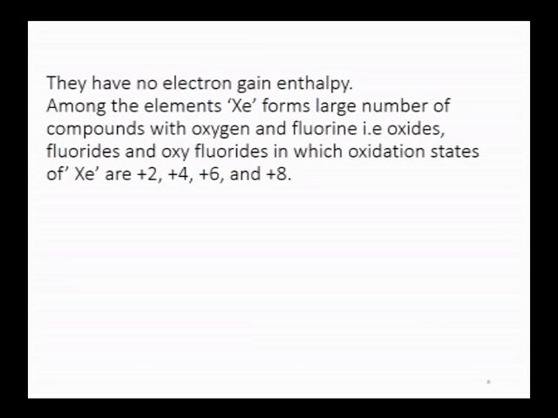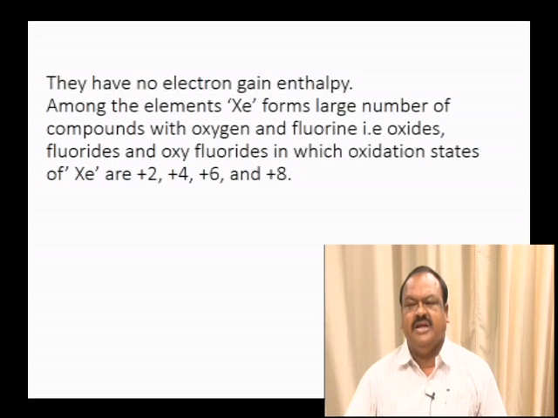They have no electron gain enthalpy, as they do not show any interest to attract an electron pair. Among the elements, xenon forms a large number of compounds with oxygen and fluorine, that is oxides, fluorides and oxyfluorides, in which the oxidation state of xenon is +2, +4, +6 and +8.